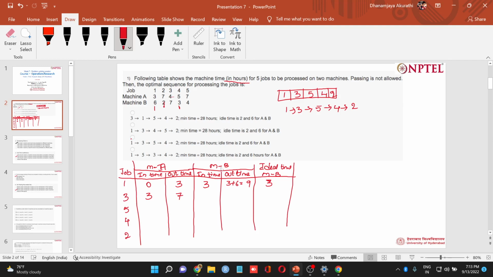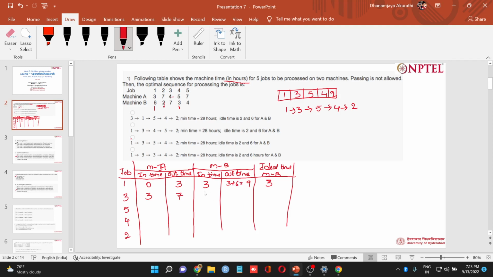For mission B, mission A took 7 hours to complete the third job, but mission B takes 9 hours to complete the first job.